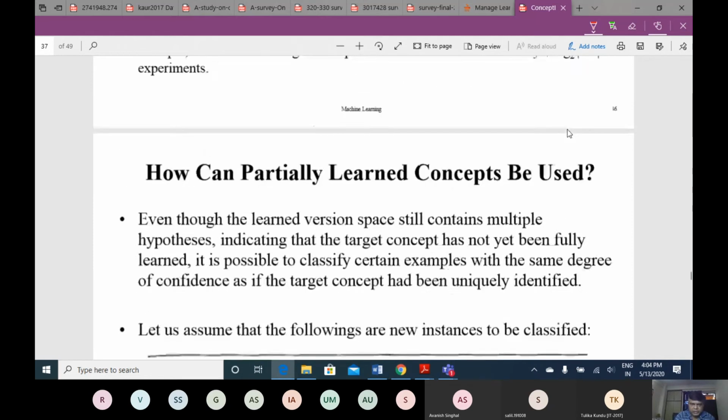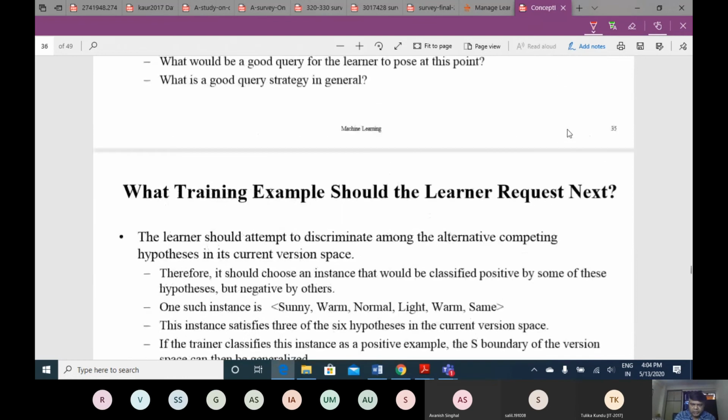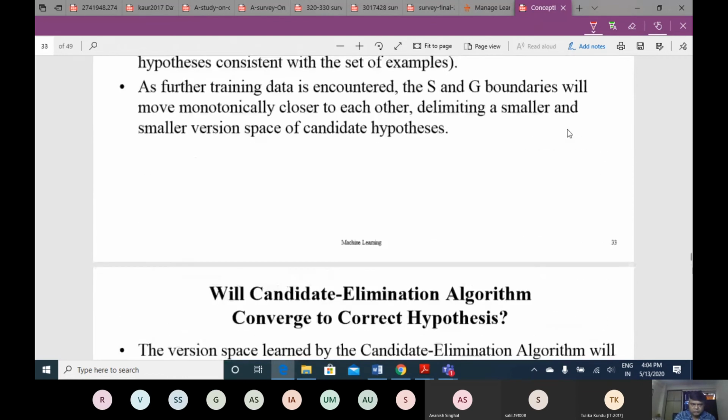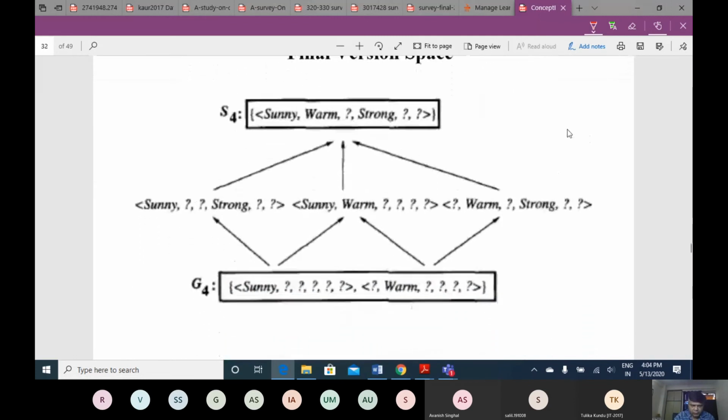Now let us see from the version space we have just created, will that include it or not? Let us see this hypothesis. This hypothesis says sunny, warm, question mark, strong, question mark, question mark. Now let us see this case. Sunny, sunny, match. Warm, warm, match.